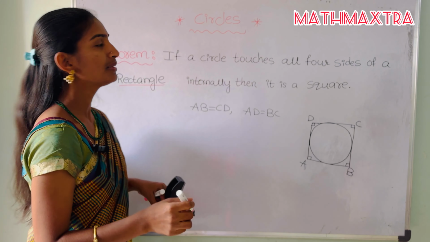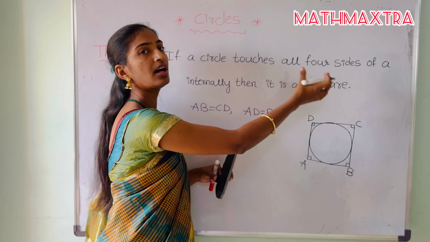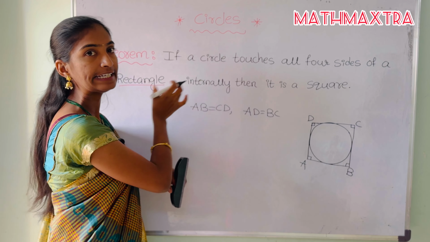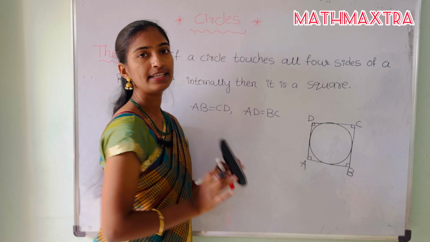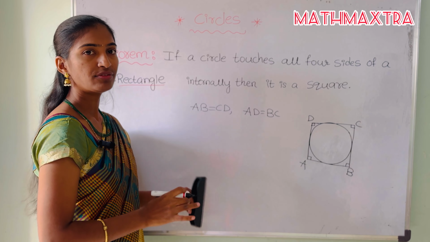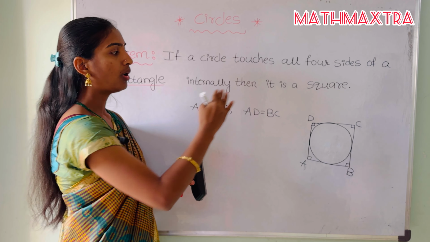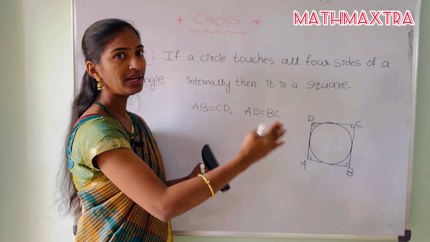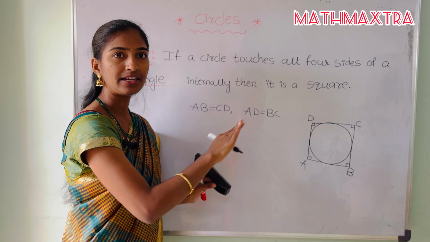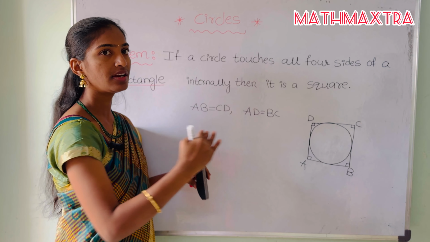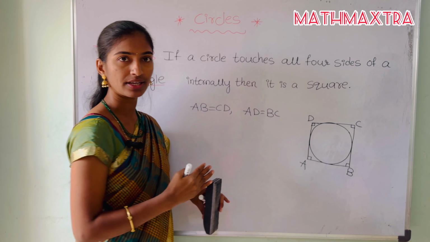Next theorem is, if a circle touches all the four sides of a rectangle internally, then it is a square. This means we have to show that all adjacent sides are equal, and along with that all angles are equal and each measures 90 degrees, then it will automatically be a square.